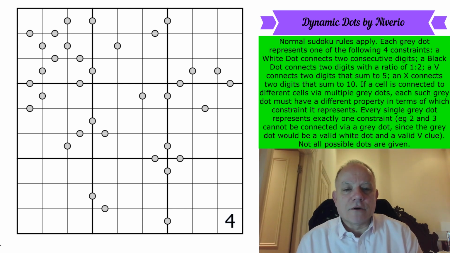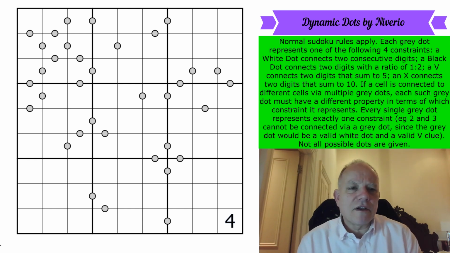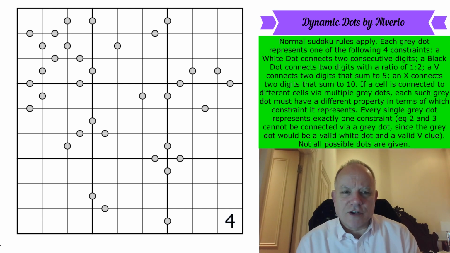Each grey dot, and you can see there are many, represents one of the following 4 constraints. A white dot connects 2 consecutive digits. A black dot connects 2 digits with a ratio of 1 to 2. A V connects 2 digits that sum to 5, and an X connects 2 digits that sum to 10. Now, those are the Kropki and XV constraints. So if you're familiar with those, you'll understand this.